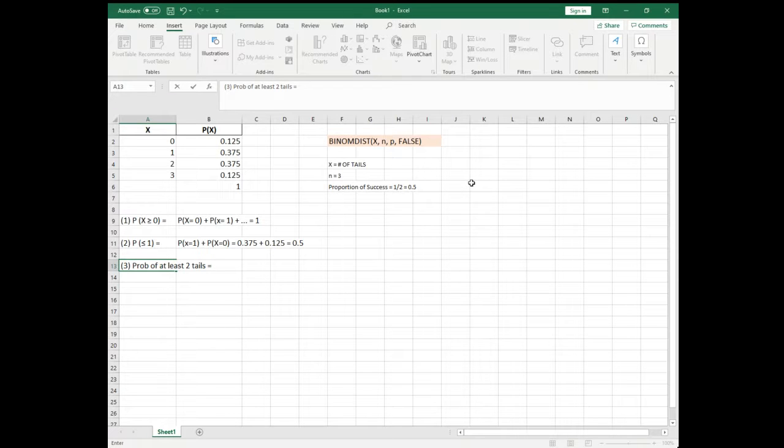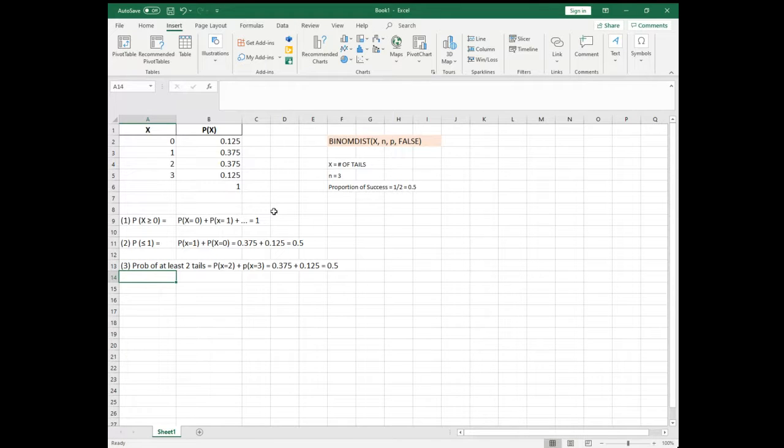What's the probability of getting at least 2 tails? Okay, tell us how you got that. It's the possibility of 2 and the possibility of 3. So it's 0.375 plus 0.125.